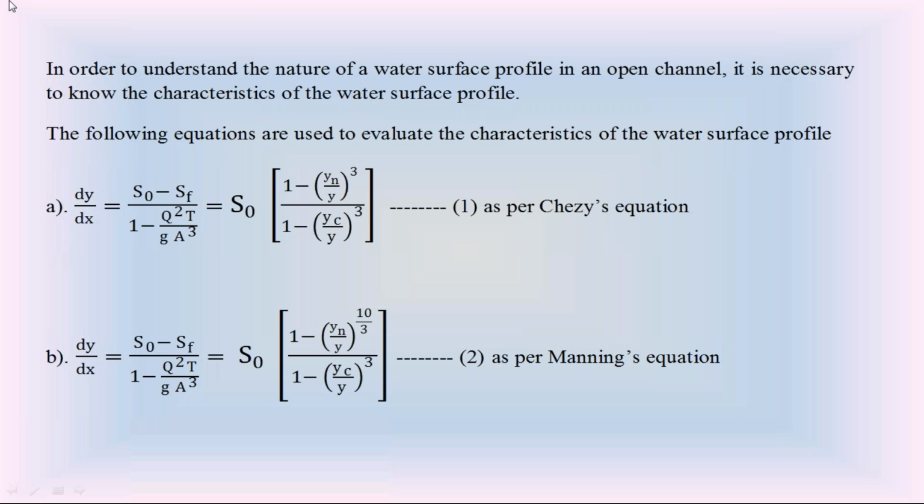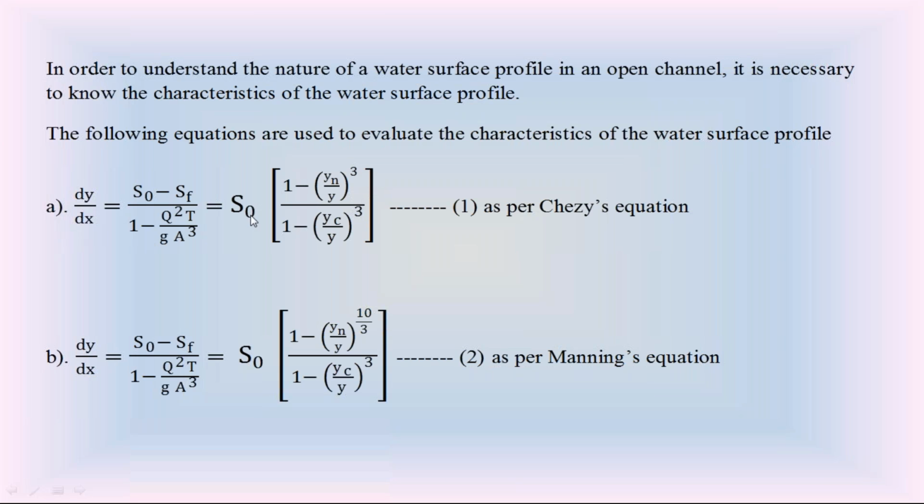In this discussion, we are going to consider any one equation, either equation 1 of Chezy or equation 2 of Manning. Both give the same results. But for our understanding purpose, I am going to consider this Chezy's equation.